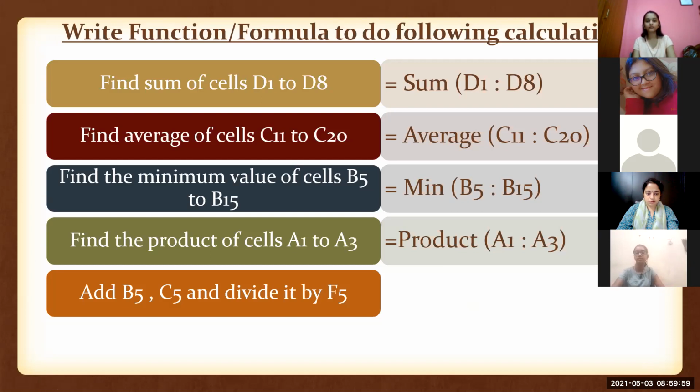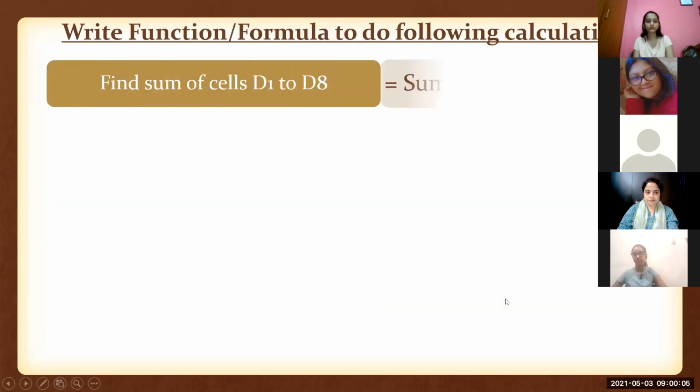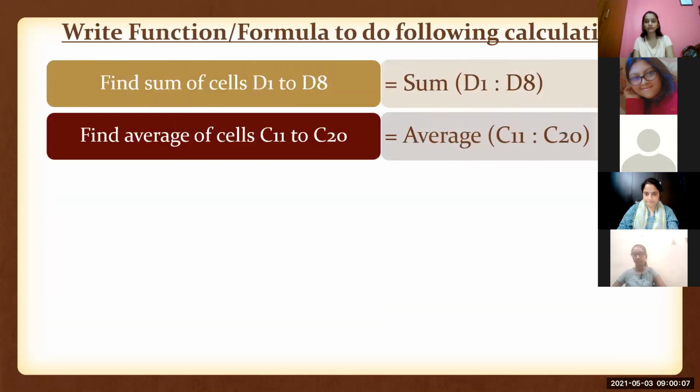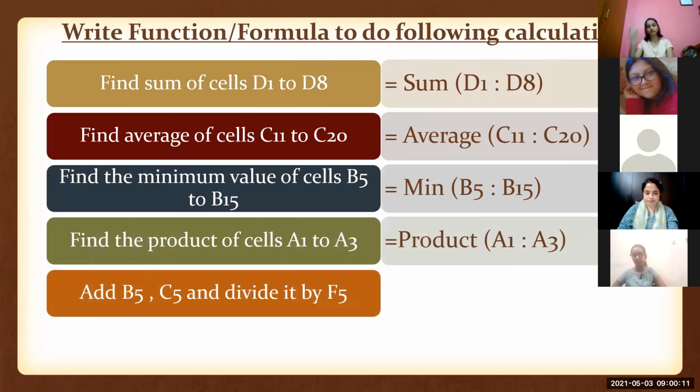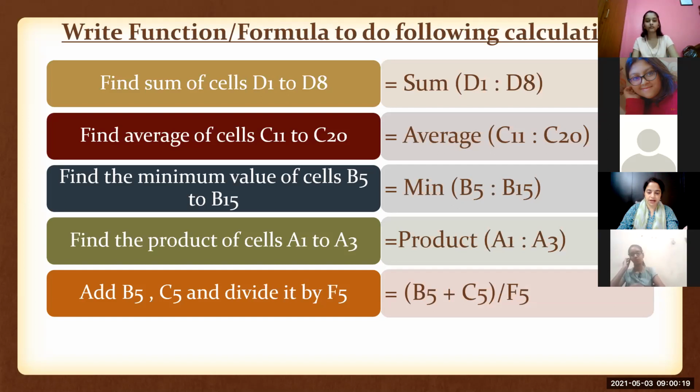Ma'am, can I tell? Jasleen. Yes, beta? Equal to B5 plus C5 divided by F5. Okay, correct. Is equal to B5 plus C5.